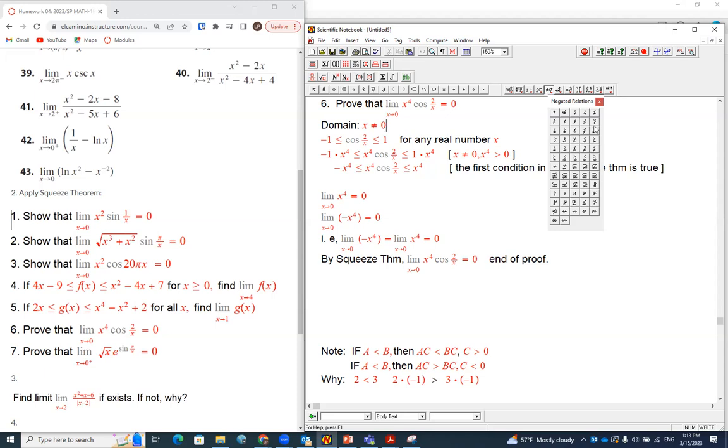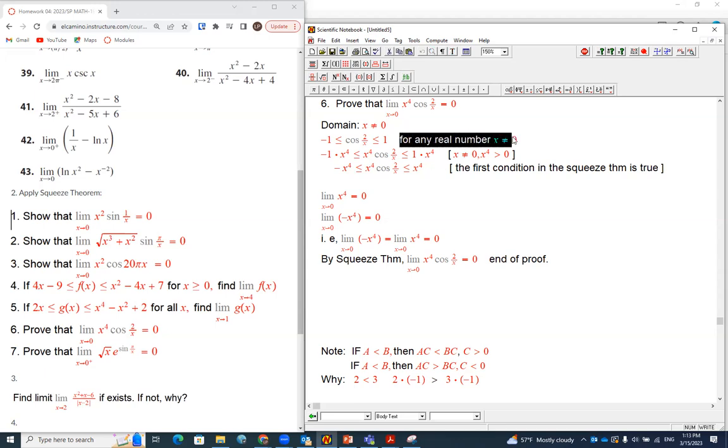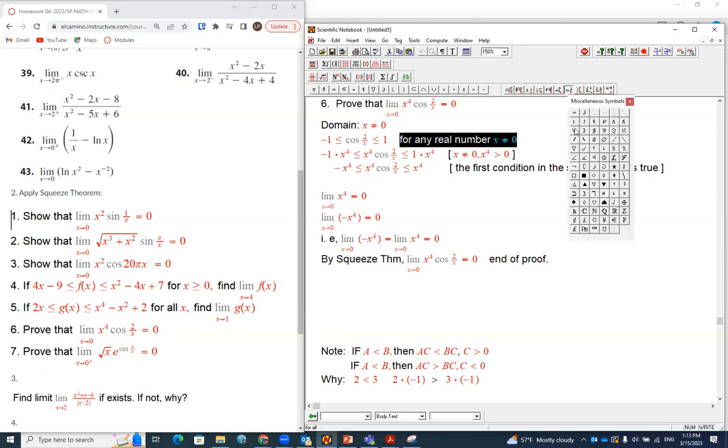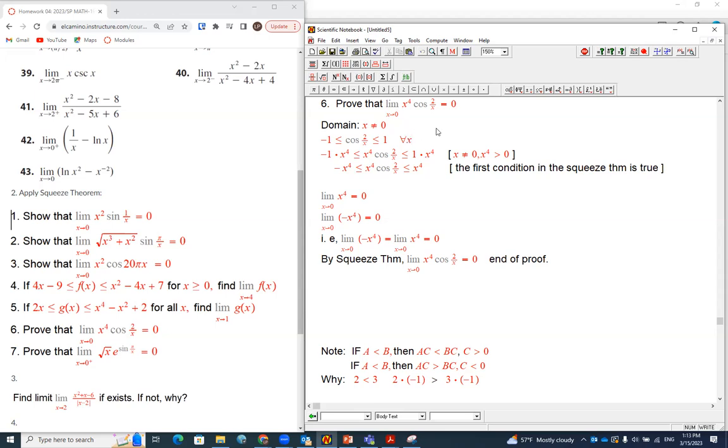If you want to attach not equal to 0, even though the range for cosine can be any real number, you can just say for any x, or if you like, use the shorthand notation for all x. Whichever x you talk about, this will be fine. And the next step, you multiply by x to the power 4. If you could point out x to the power 4 is positive, that would be amazing.